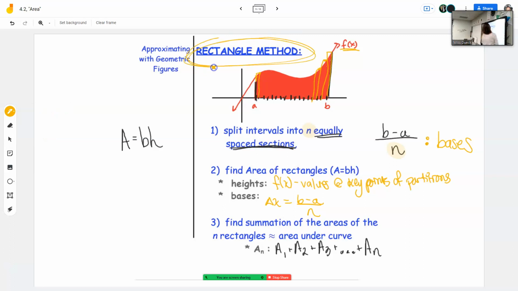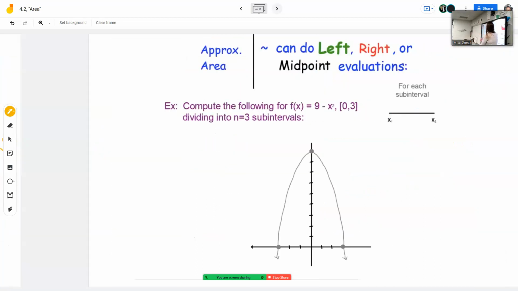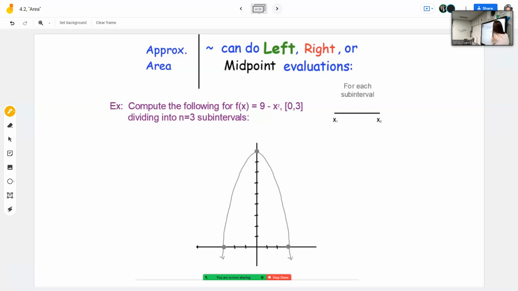We also use trapezoids a little later, but rectangles most of the time because the geometry is easy. It's base times height. The base is how far apart the little x's are for a certain partition that a rectangle comes up out of. Height is where it stops, which is always something to do with where it hits the function, the f of x axis.